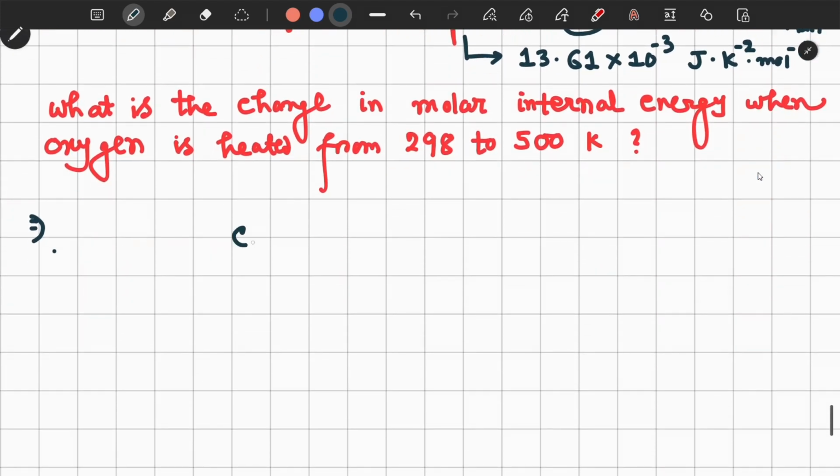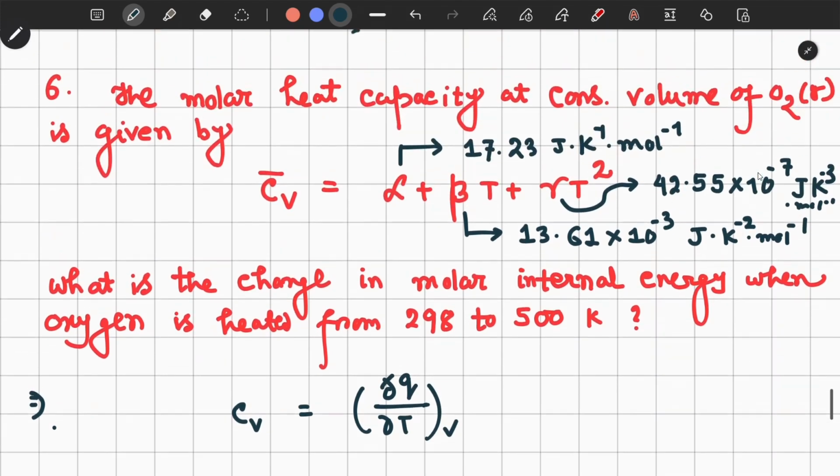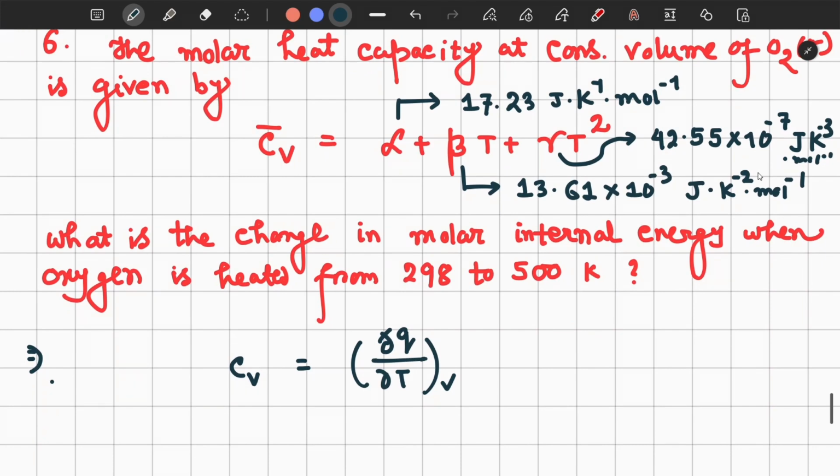What is the definition of CV? Del U del T at constant V, or del q del T at constant V. Obviously you can write it considering this. For this case it is del U, because it is constant volume.